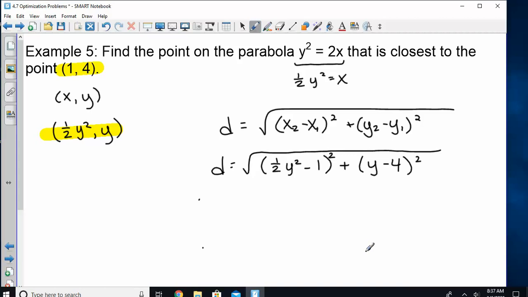Okay. I need to minimize this, which means I need a derivative. Now, as it stands, this is really messy because we have the square root and then all this junk underneath. Can we agree that if I want the smallest possible square root, that happens if the thing on the inside is as small as possible? So, for the purposes of our derivative, could I just worry about the inside and making that as small as possible? So, I'm just going to write a little note.